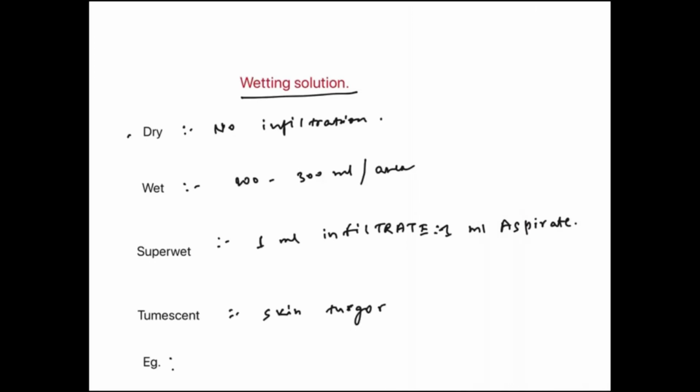So what are the examples? There are many types of wetting solution. Each university and setting uses their own. The most common, and for one example, is Klein's formula.